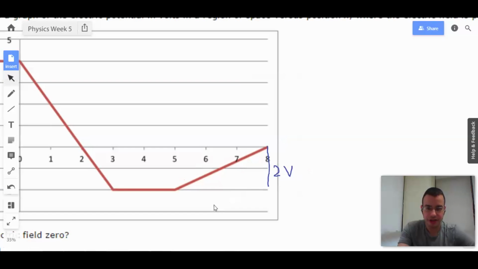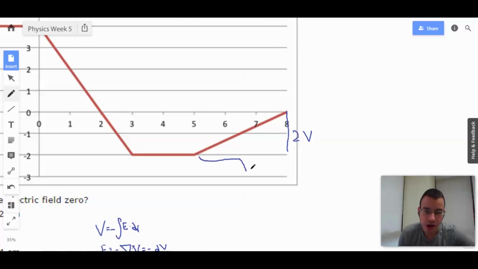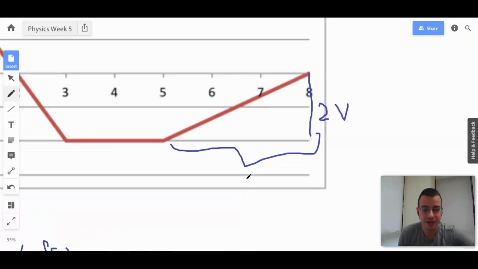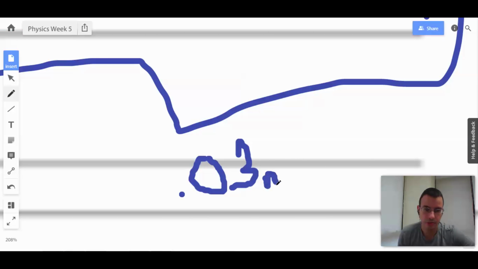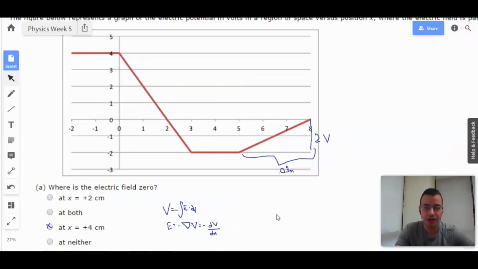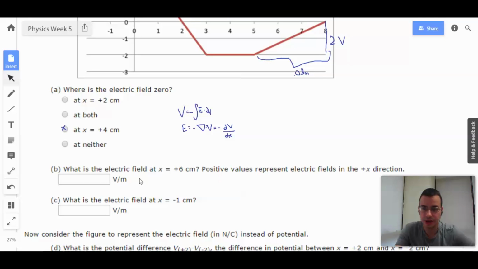And then this is, let's see, 1, 2, 3. 8 minus 5 is 3. So I'm going to say 0.03 meters, because it's measured in centimeters and we need to convert it to meters to get something more standard.